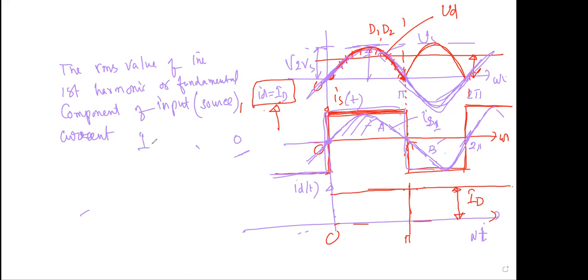How much? Tell me. IS1 will be. Hello, are you with me? Yes, sir. 0.9 ID. Okay.